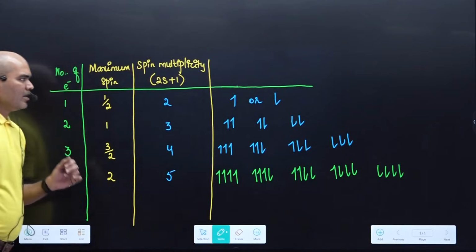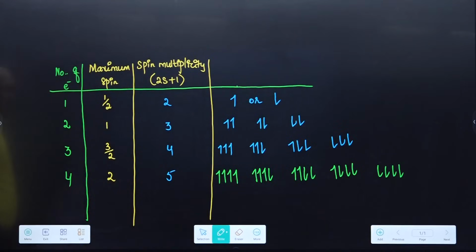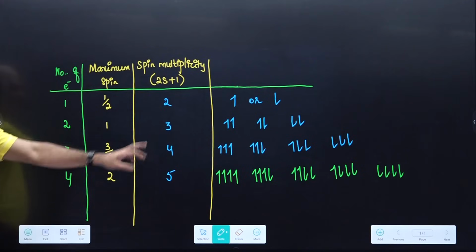Note down this table. What are these multiplicities?